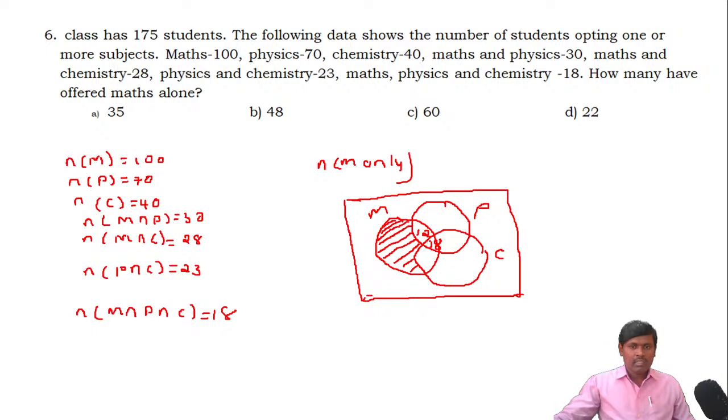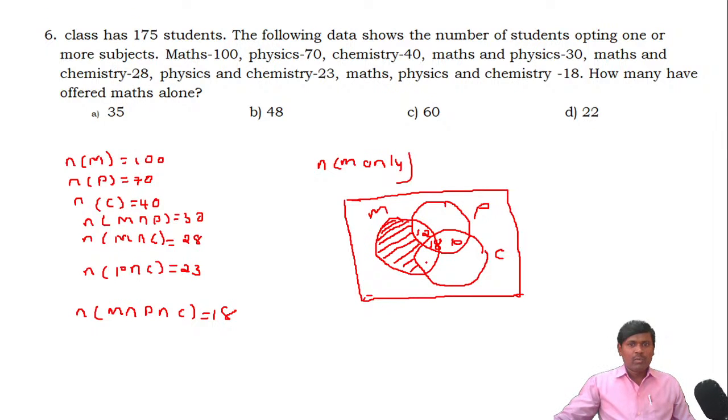Then the total M intersection P becomes 30, that is 18 plus 12. Similarly, what about P intersection C? The number of students offering physics and chemistry is 28. Already 18 is fixed in this region, so we are left with 10.